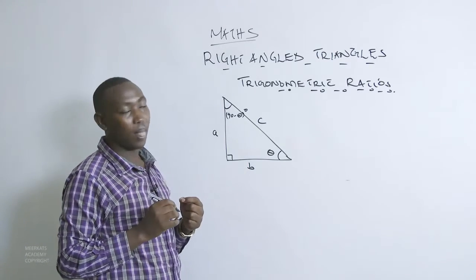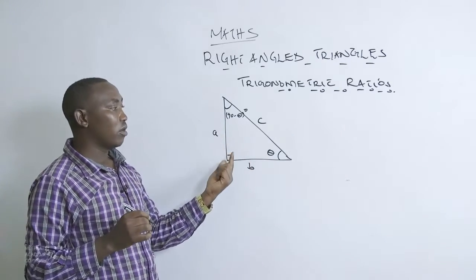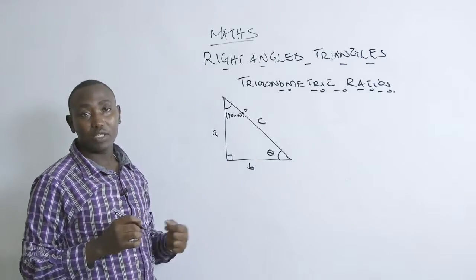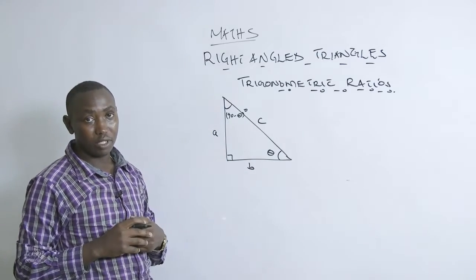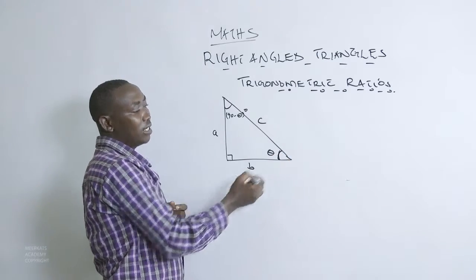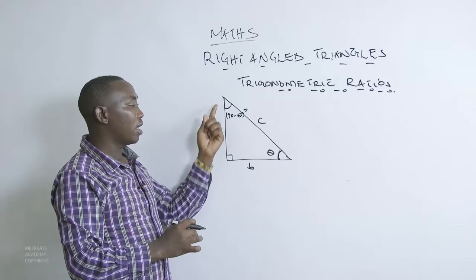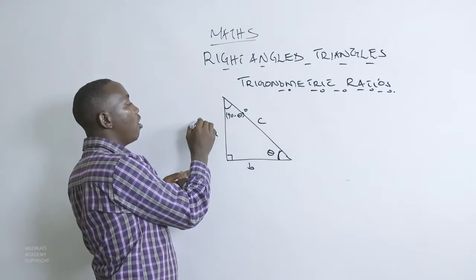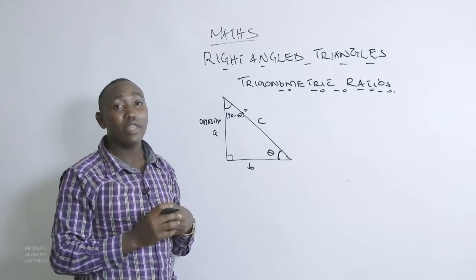Now, depending on the position of the sides of this particular triangle, these sides will have different names. In this case, given that this is the angle theta, we have this side that is opposite to this particular angle. This side is normally called the opposite to angle theta.